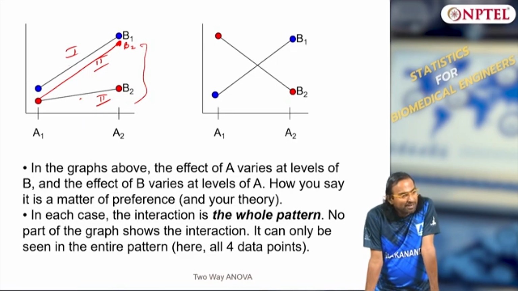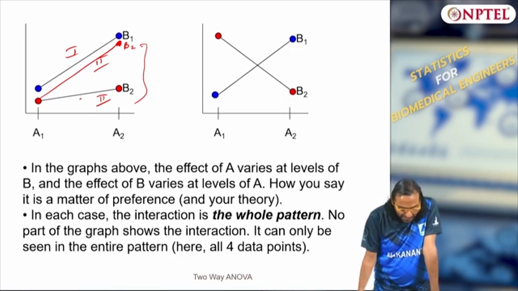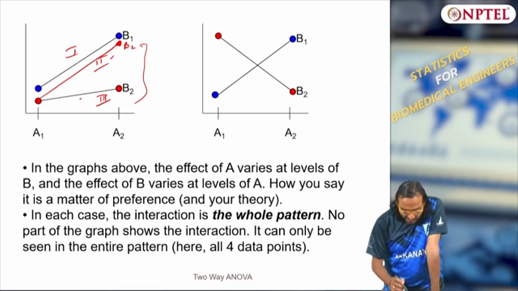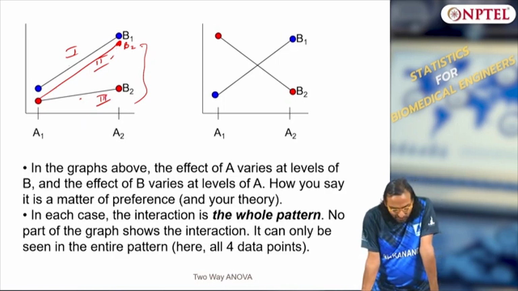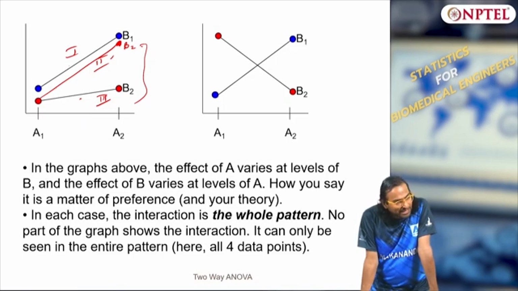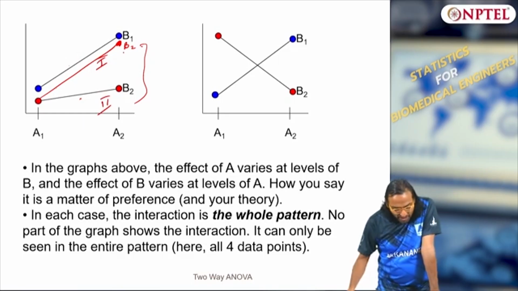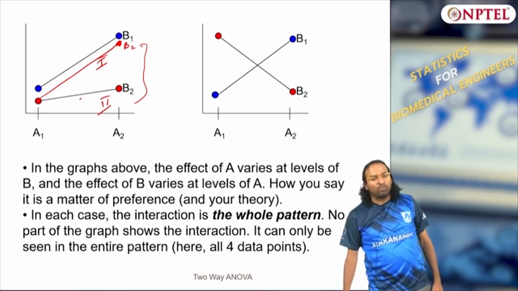Case 1 is A1 B1, and the difference between case 1 and case 2 is the A2 B2 point.